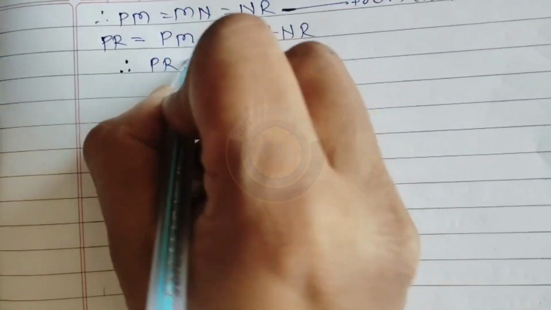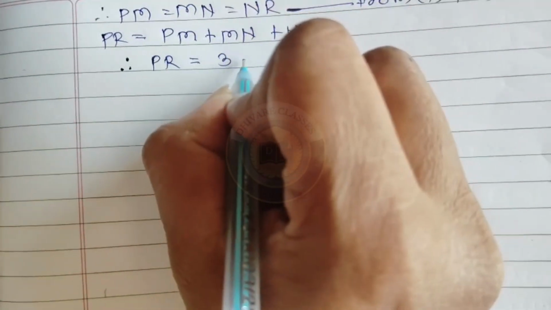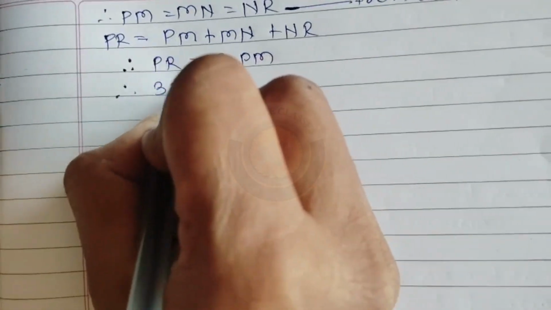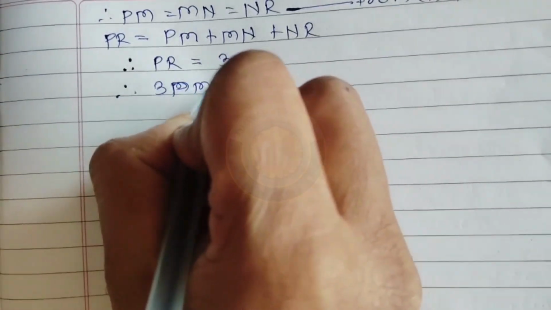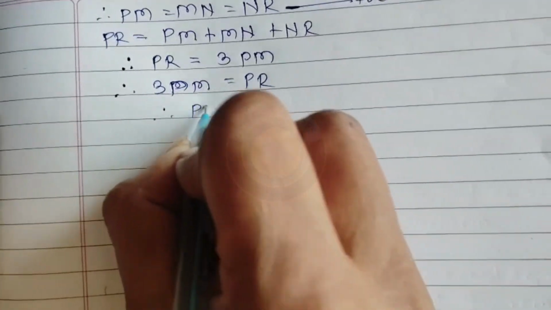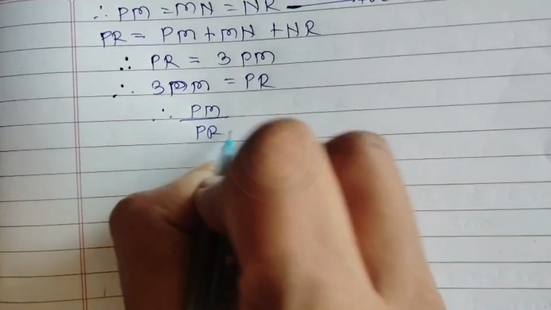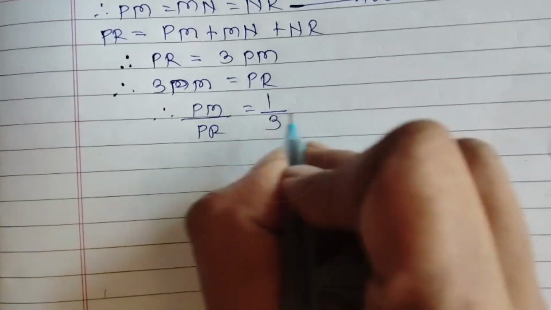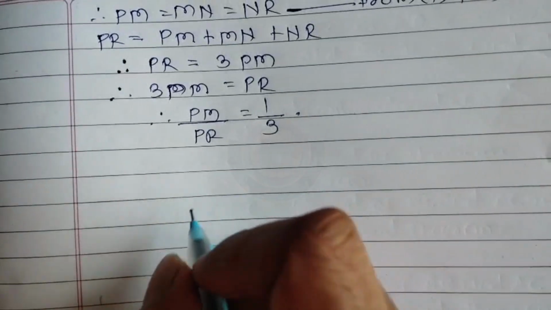Therefore PR is equal to 3 PM. तर आता 3PM is equal to PR. Therefore PM upon PR is equal to 1/3. ठीक आहे. समजलं सर्वांना.